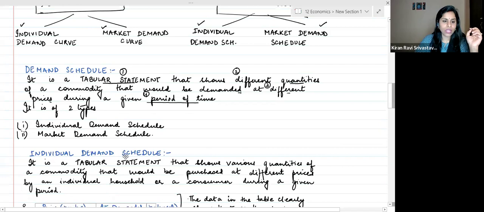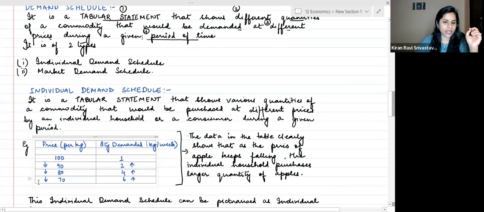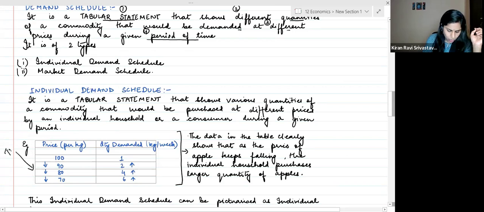Now this can be of two types, individual demand schedule and market demand schedule. Now you can see here, I have made a table. This table is only a tabular statement. This is a tabular statement that represents different quantities demanded at different prices during a time period.